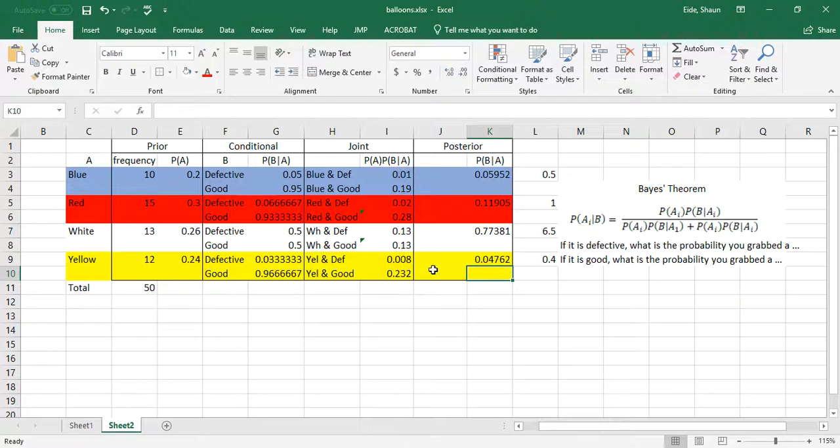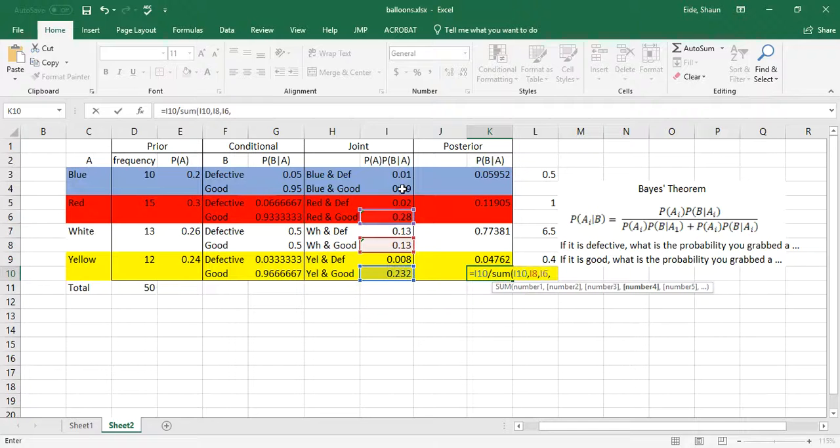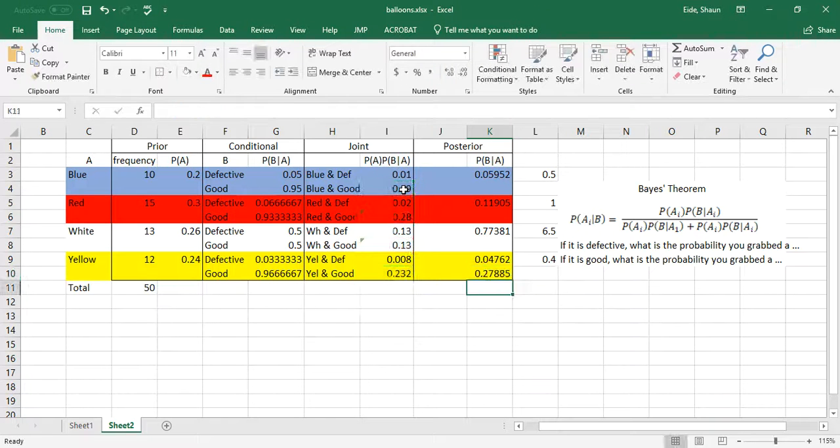And we can do the exact same thing for the good balloons as well. It equals the probability that you grabbed a good yellow balloon divided by the sum of all of the good occurrences. And that gives you the posterior probability that if you grabbed a good balloon, it would be yellow.